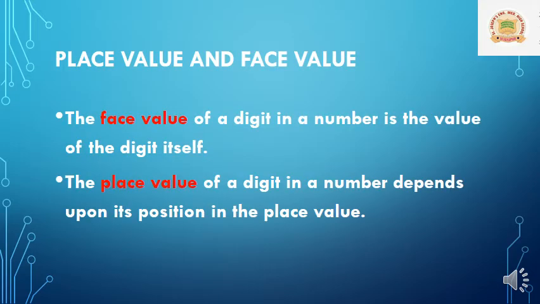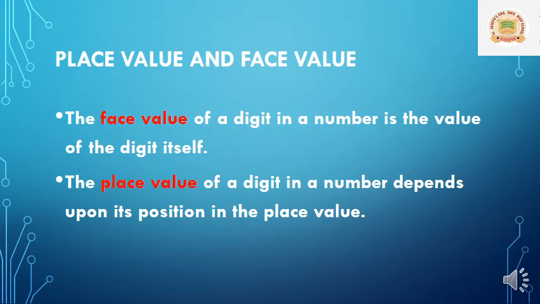Now let's go for place value and face value. Place value you already know: thousands, hundreds, tens, ones. Now face value. The face value of a digit in a number is the value of the digit itself. Whatever they ask, the face value of any number, you have to tell that number only.